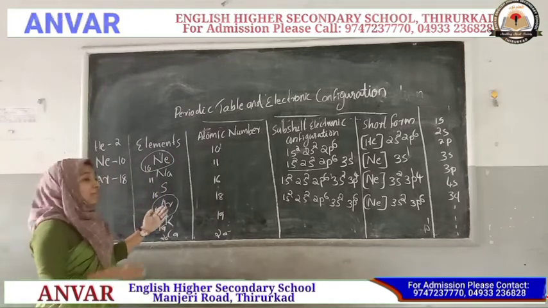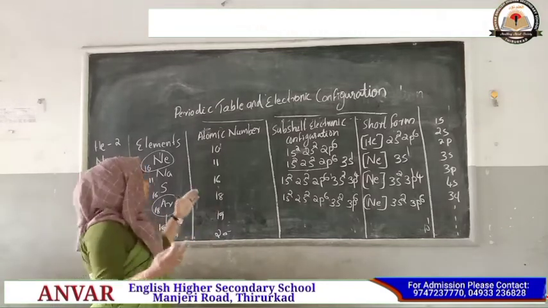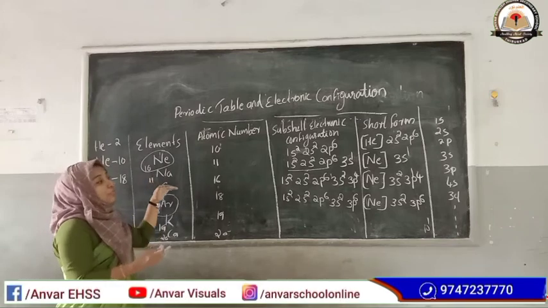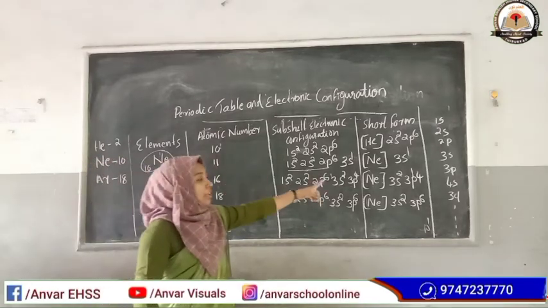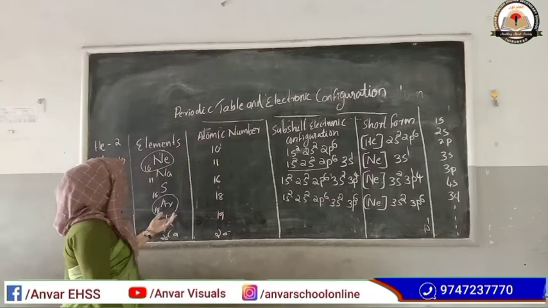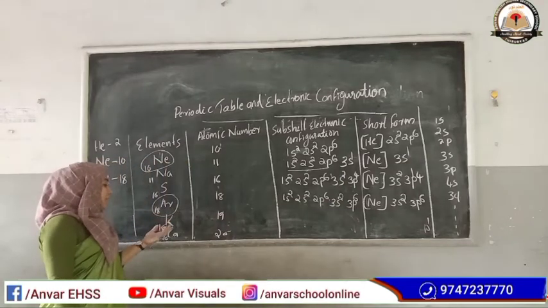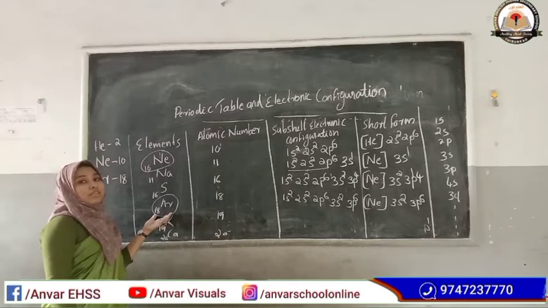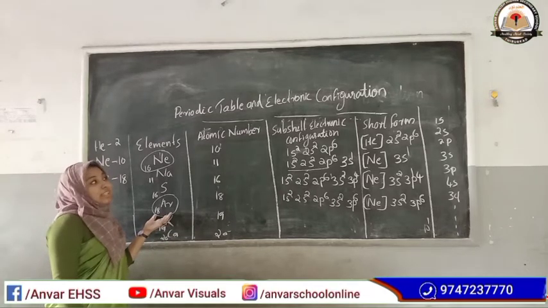So after neon, to write the short form of the subshell electronic configuration, we represent it using neon. Like that, after argon elements we use argon to represent the short form.